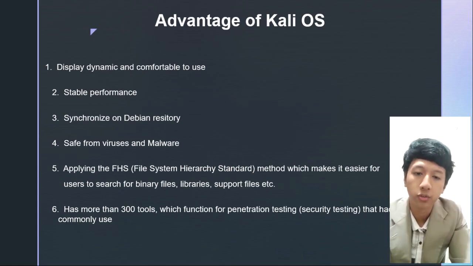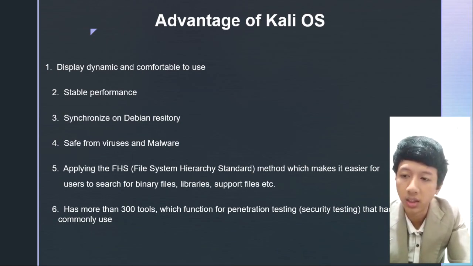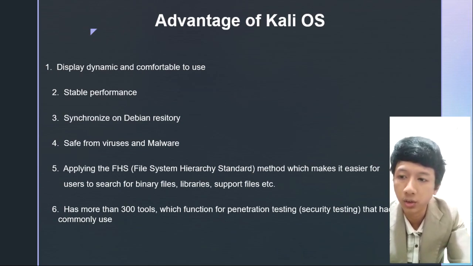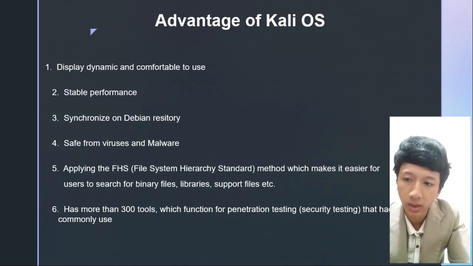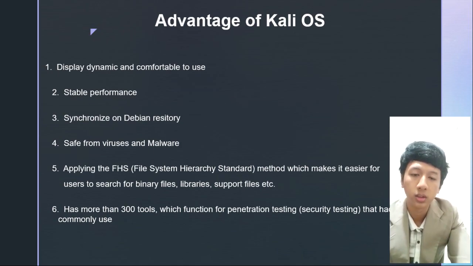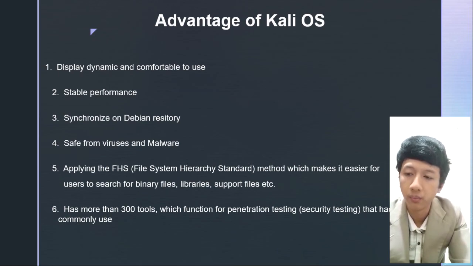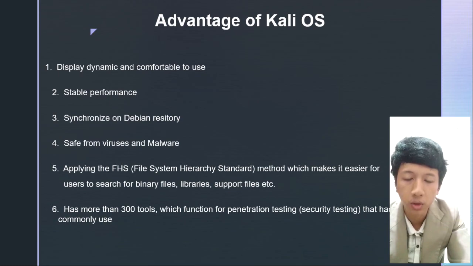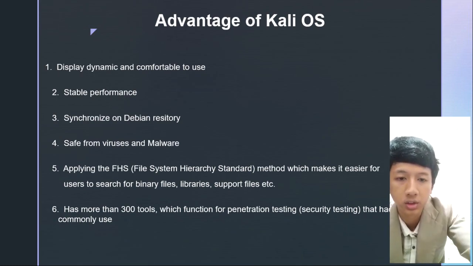Applying the FHS file system hierarchy standard method, which makes it easier for users to search for binary files, libraries, support files, and more. 6. Has more than 300 tools which function for penetration testing or security testing that hackers commonly use.